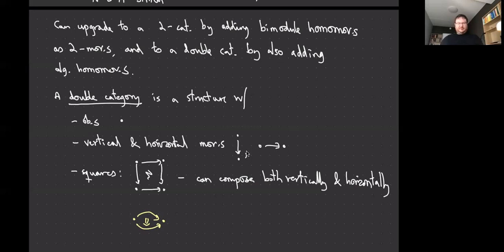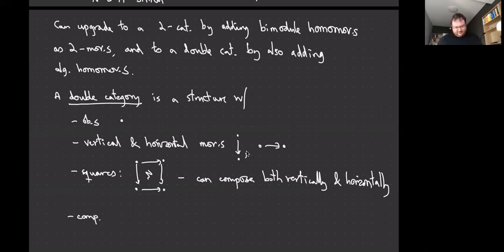What distinguishes a bicategory from a 2-category is whether the composition is strict or only up to isomorphism, which I haven't said anything about for double categories yet, because you can make several versions of what a double category is, depending on whether you require the composition to be strictly associative or associative up to a coherent isomorphism.